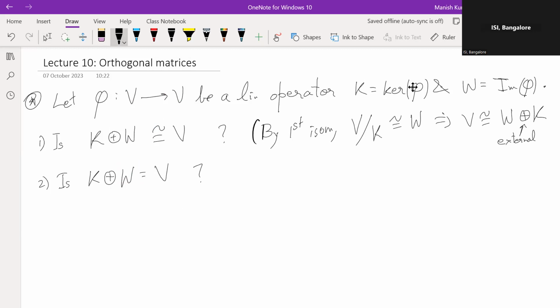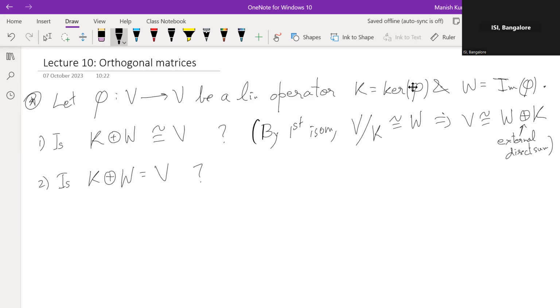This statement is correct if you think of it as an external direct sum. K is a vector space, W is a vector space, and you can take the external direct sum.